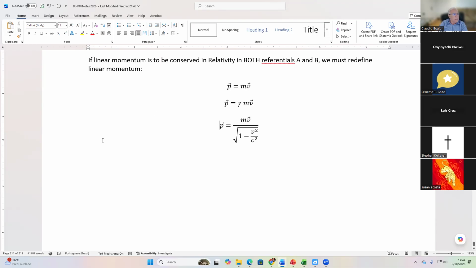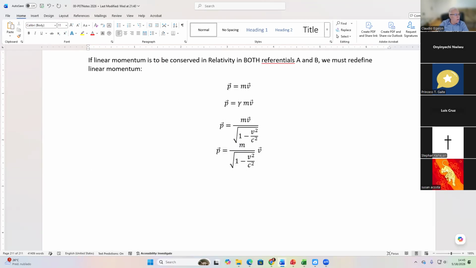We can rewrite this equation in a different way. I'm going to take out the v vector, and look what we have.